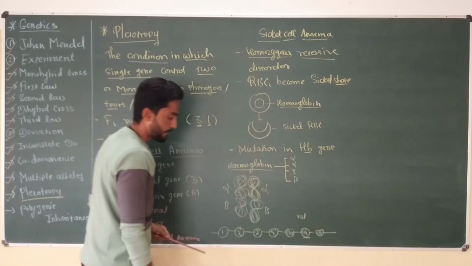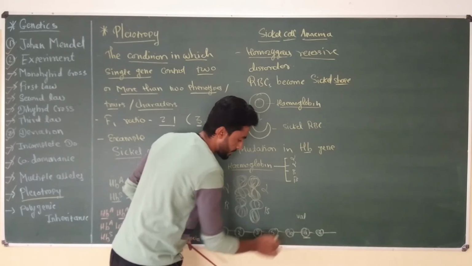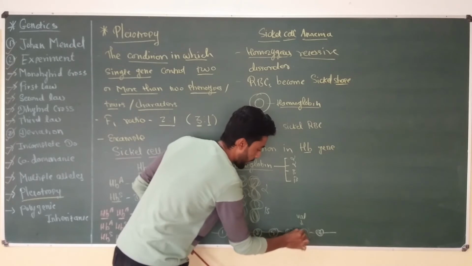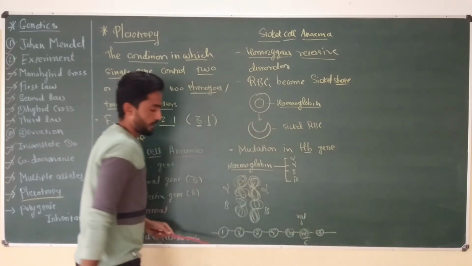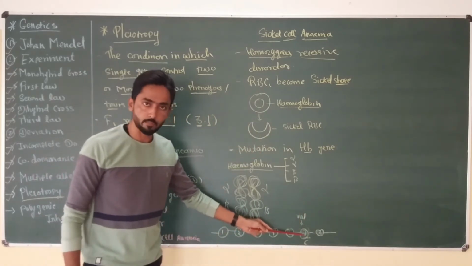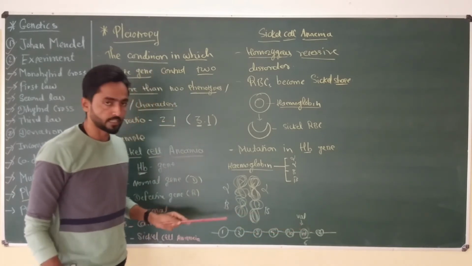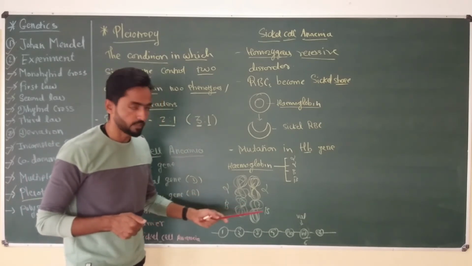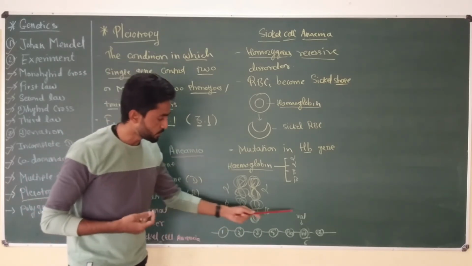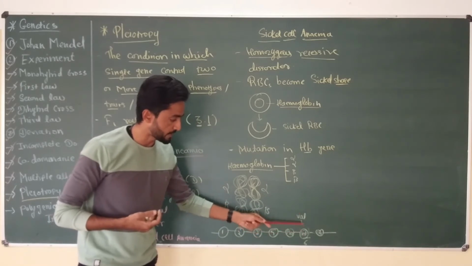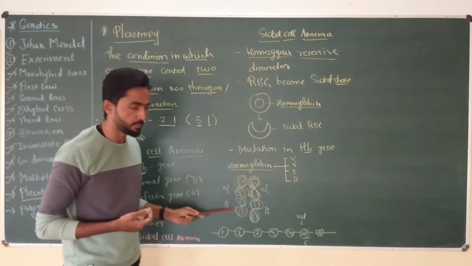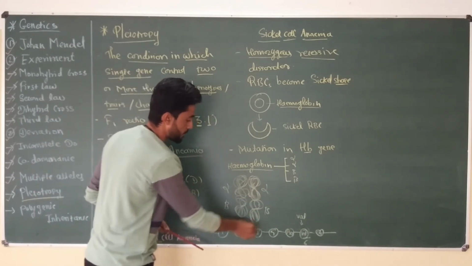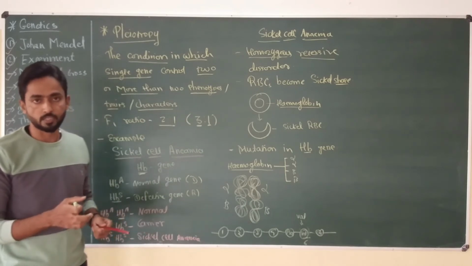That means the defective beta chain is not going to have glutamate at the 6th position. Instead of glutamate, it is going to have the amino acid valine. And due to the change in the 6th amino acid, this beta chain structure is finally going to change, because initially the beta chain is hydrophilic, but due to the replacement of glutamic acid with valine, now the chain becomes hydrophobic, and due to which this hemoglobin molecule cannot perform its function properly.